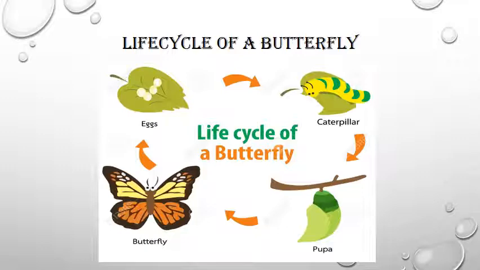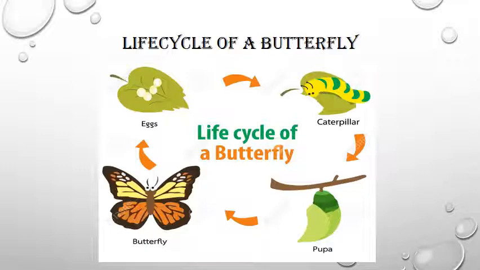When these eggs complete their incubation period, they hatch into a larva, and the larva of a butterfly is known as a caterpillar. This caterpillar eats rapidly and grows very fast.